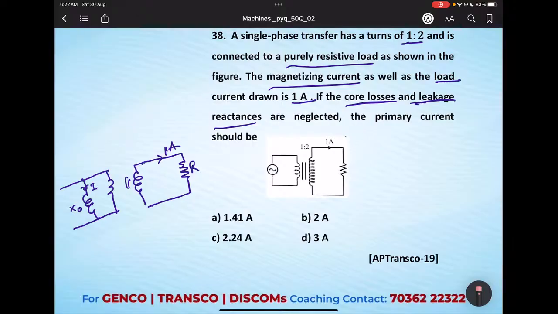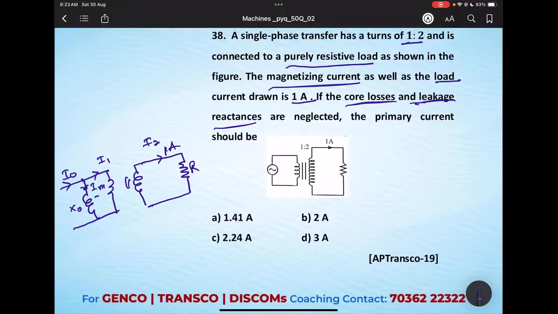This will be IM, this will be I0, this will be I1 dash. Let's take the load current as I2. This is the equivalent circuit for the given data.